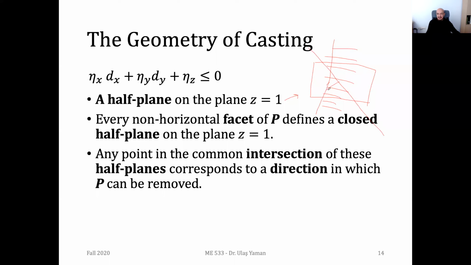In that case, these will be the valid regions. You may have another half plane here, and in that case, we might have this upper side as a valid region. And as you see, we have an intersection in this region. This is the intersection of all the half planes.